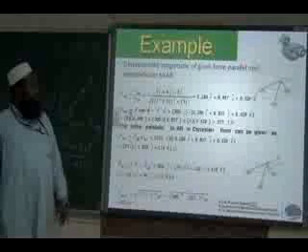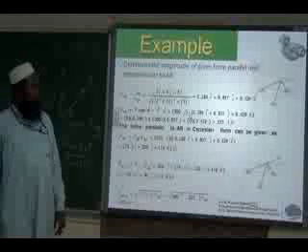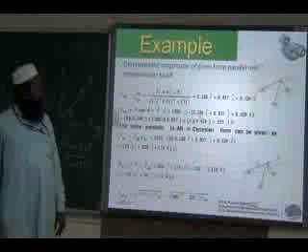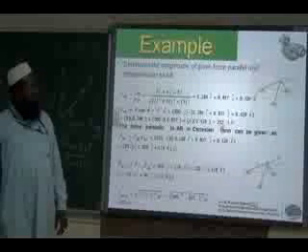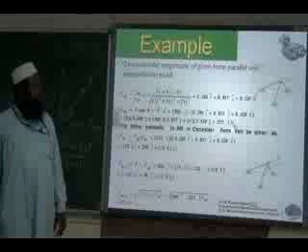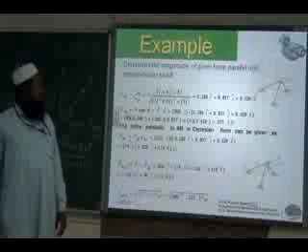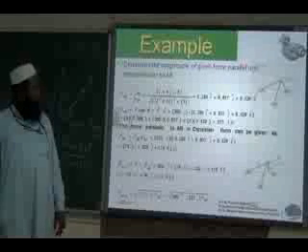So FAB is the resolved component: 300j dot your unit vector. Since the i component is not there, we finally get 257.1 Newton as the magnitude of FAB. This FAB is the magnitude, okay, not the vector.